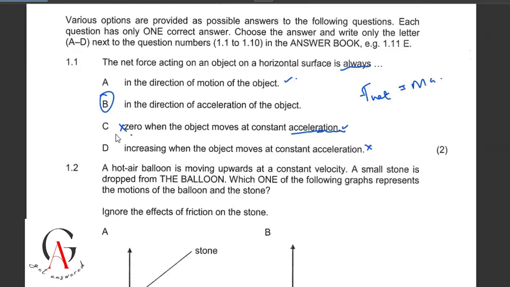But before we go with B, what does Newton's second law state? Because we know that when a net force acts on an object, the object must accelerate in the direction of the net force. So B is perfect.